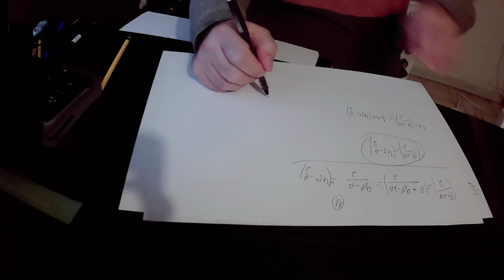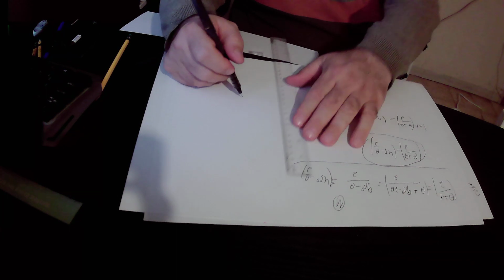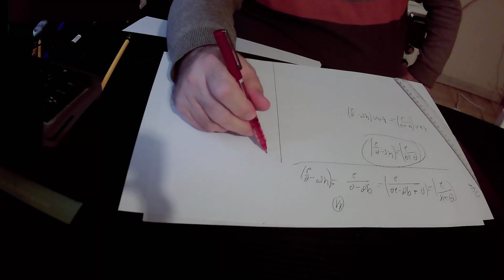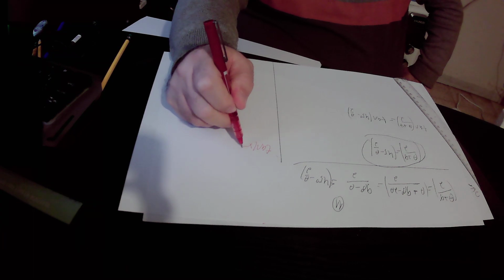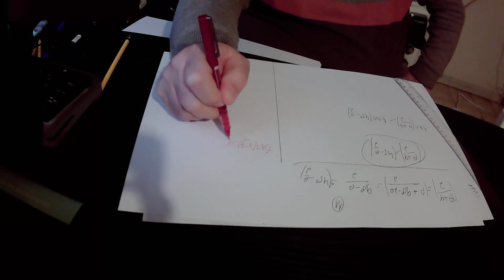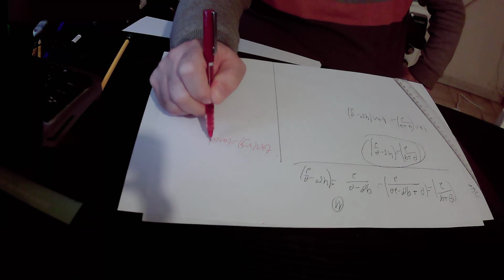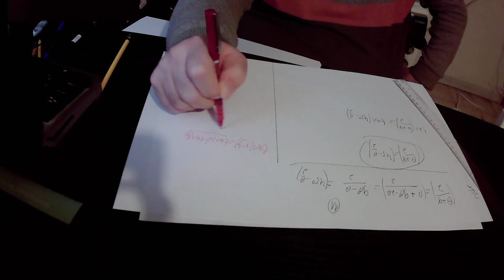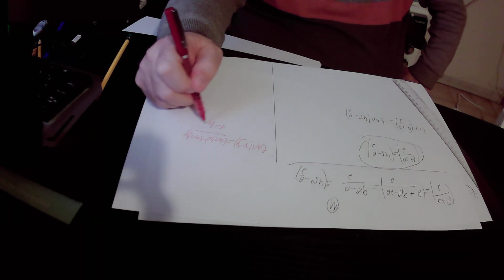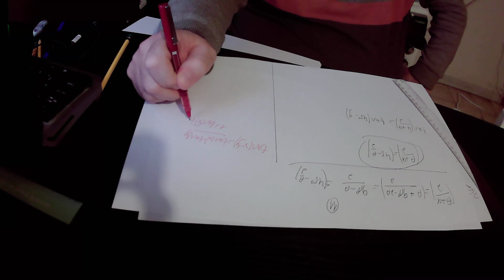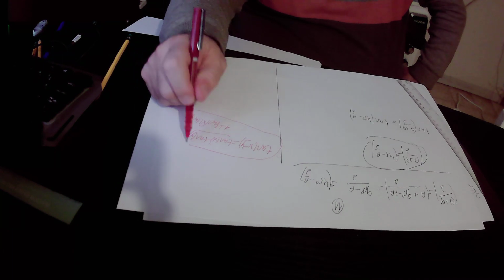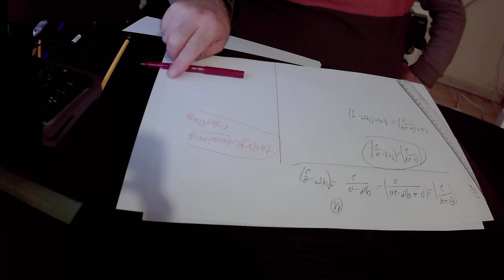And here we have a trigonometric identity that states that tangent x minus y is equal to tangent x minus tangent y over 1 plus tangent x times tangent y.